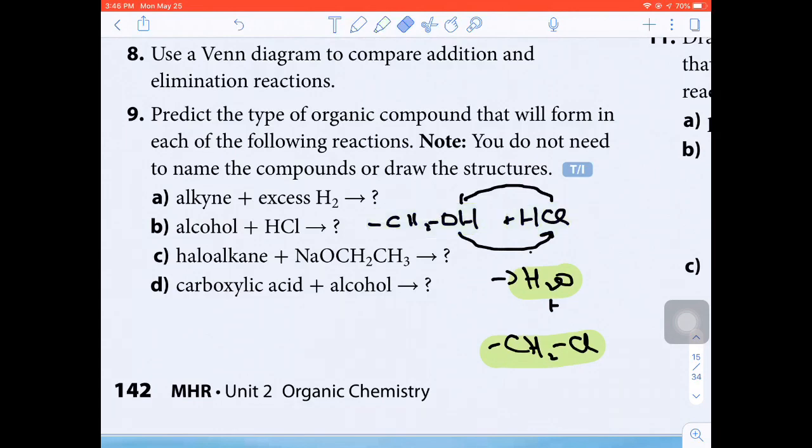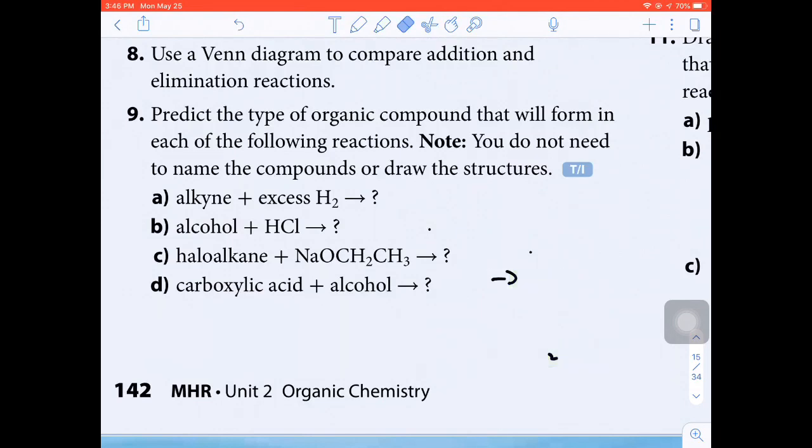So again, let's look at the elimination reaction here. I know it's elimination right away because I see this sodium ethoxide, that special compound that rips hydrogens off an alkane to turn it into an alkene.